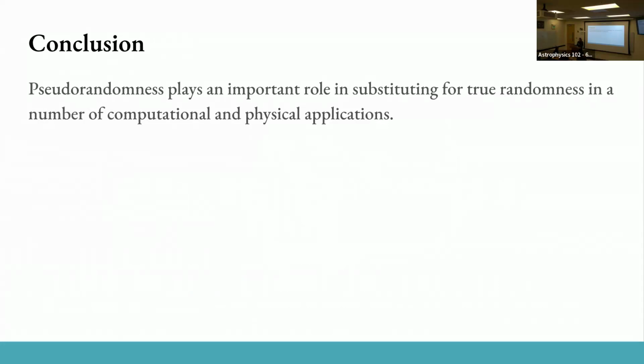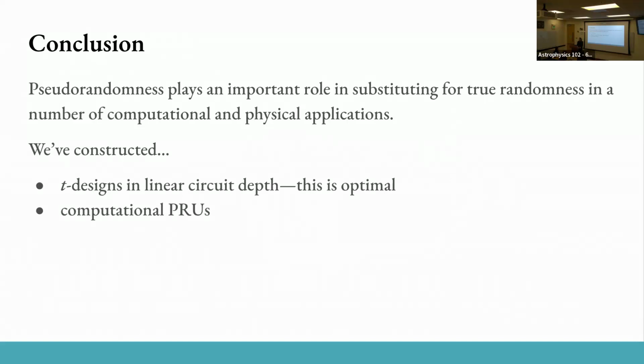Okay, so in conclusion, pseudorandomness plays an important role in substituting for true randomness, and it has both computational and physical applications. What we showed is that we've achieved T designs with linear circuit depth, and this is optimal by a counting argument.